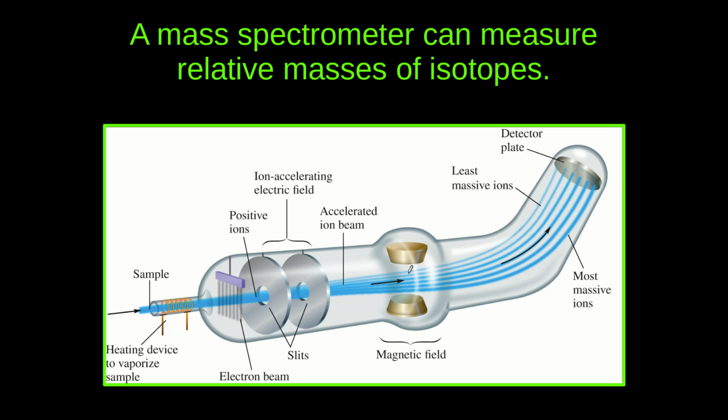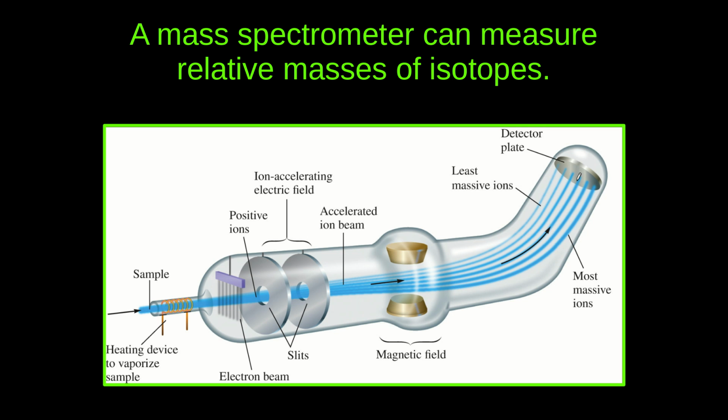But let's keep it simple. Let's say we just adjust the magnetic field. Basically, from the strength of the magnetic field and the strength of the electric field on the two plates, we know what mass would hit the detector. It's really a mass to charge ratio, but for us, just the mass.